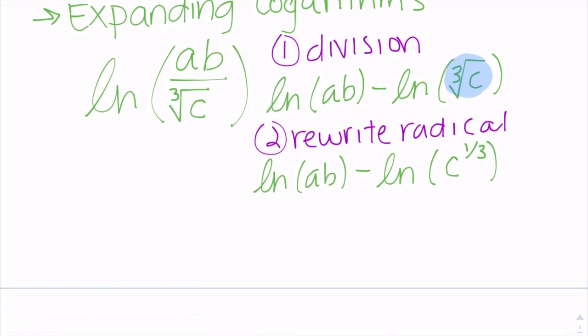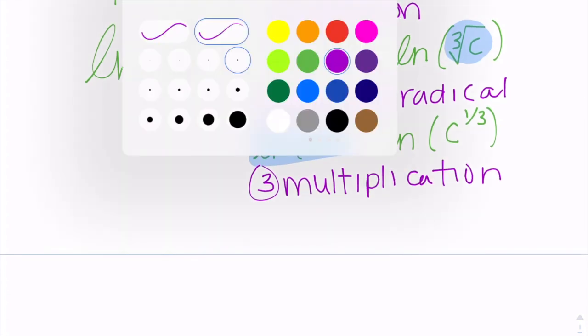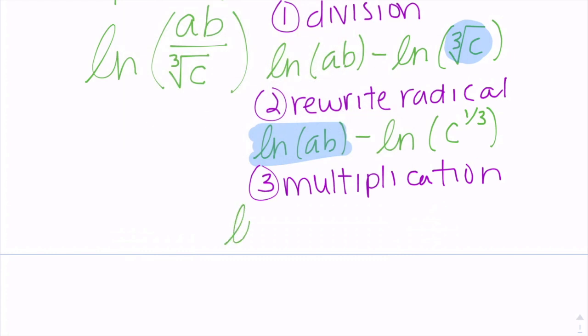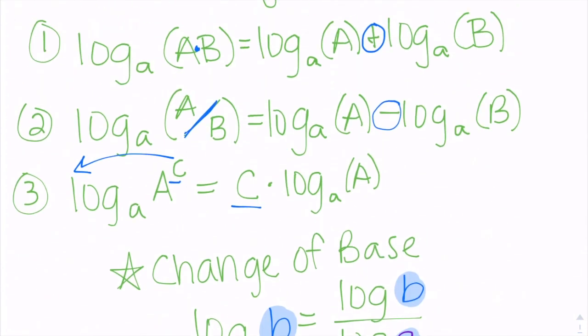And now we're going to expand this first term with the multiplication. And so that's going to get us to rewrite this as the natural log of A plus the natural log of B, and then minus that last piece that we didn't touch. And so we did that using the first property up here, where when you have multiplication, you expand using addition.